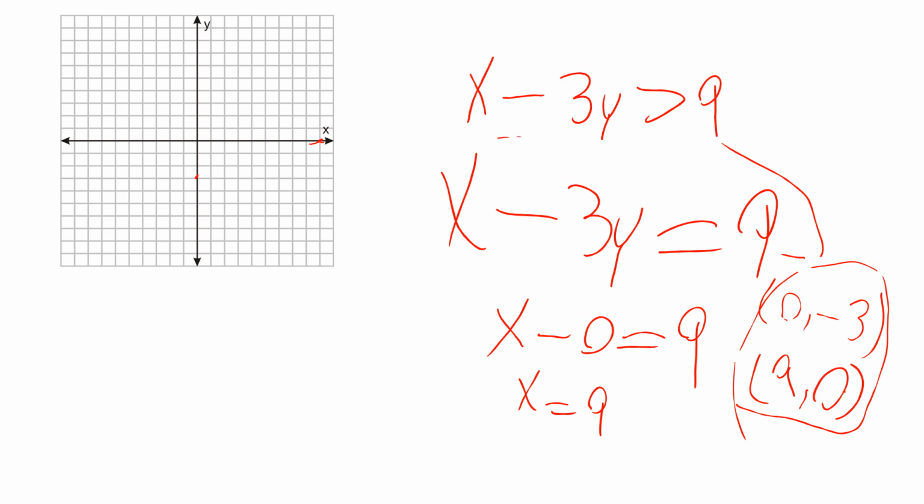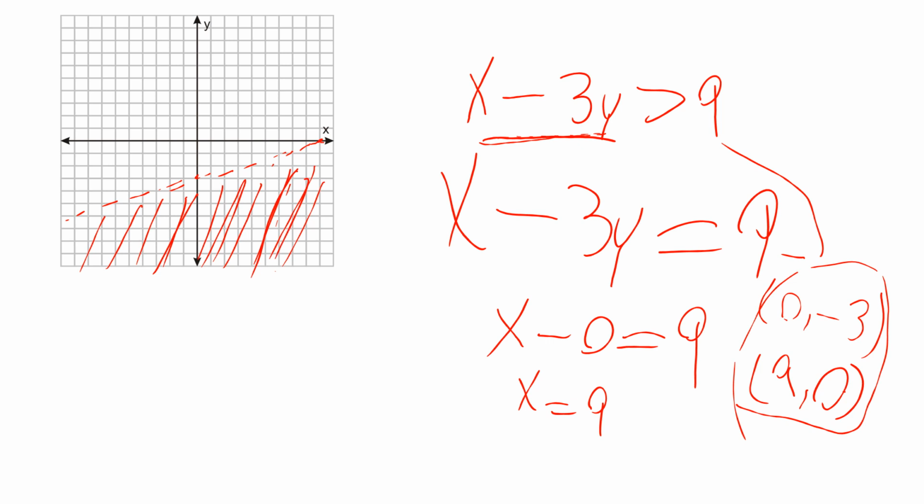So when we graph inequalities like this, we want to draw a dotted line. It's almost the same line, but these dots indicate that we don't want to recognize these points as part of the inequality.